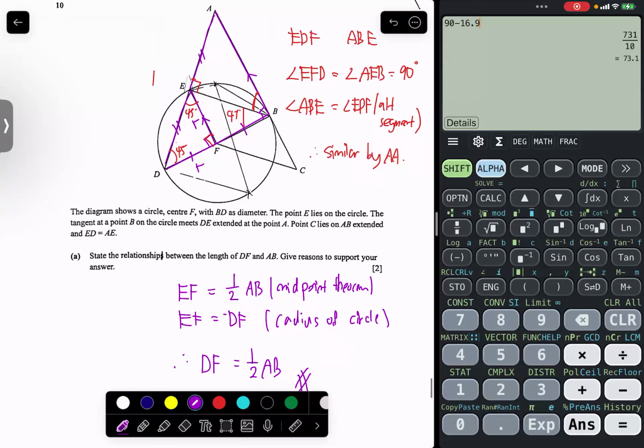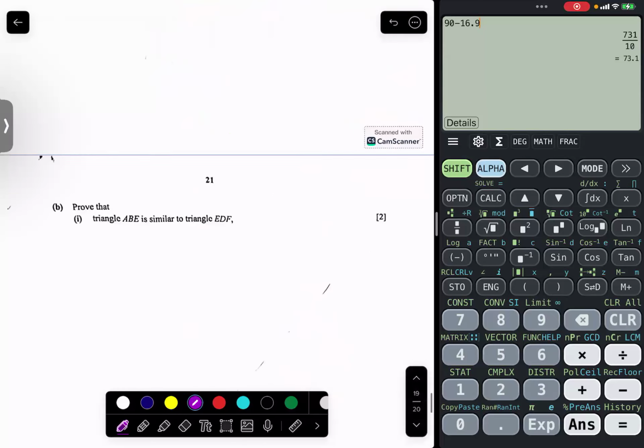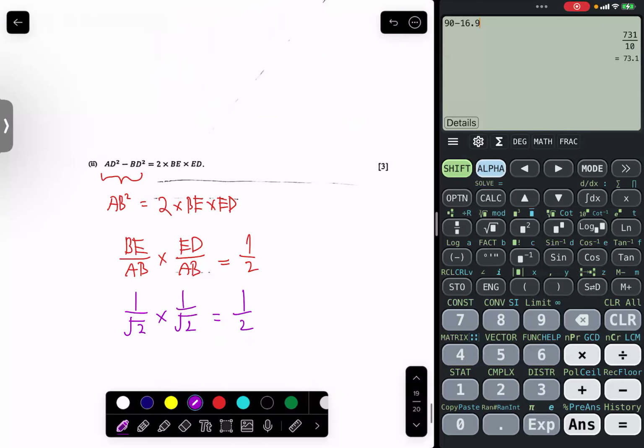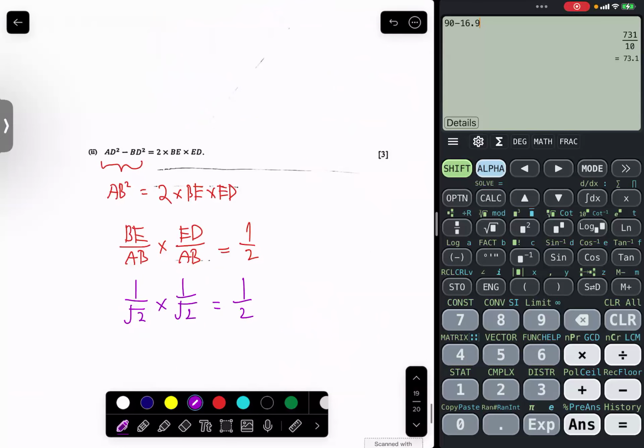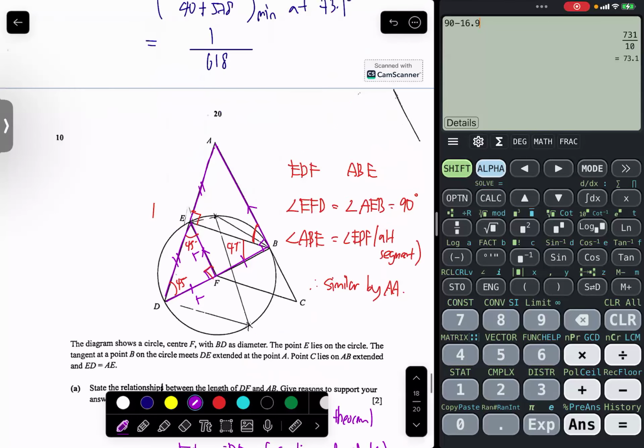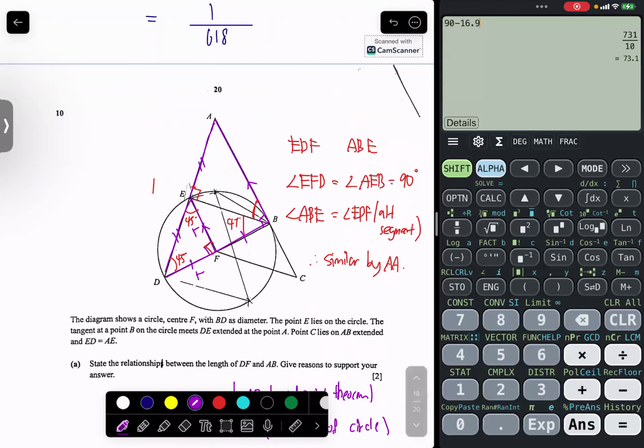Yes. Okay. Triangle. Okay, I write here so I don't have to keep scrolling.